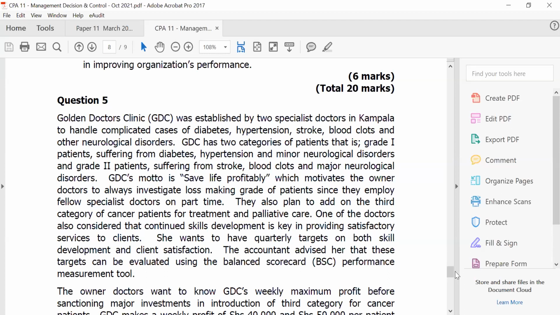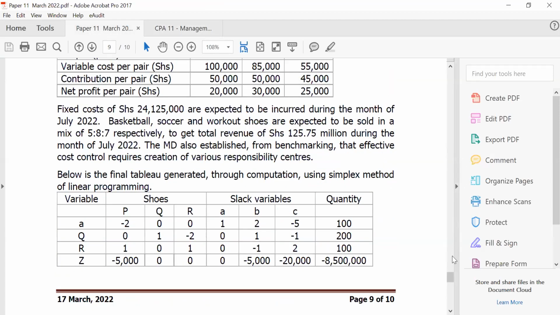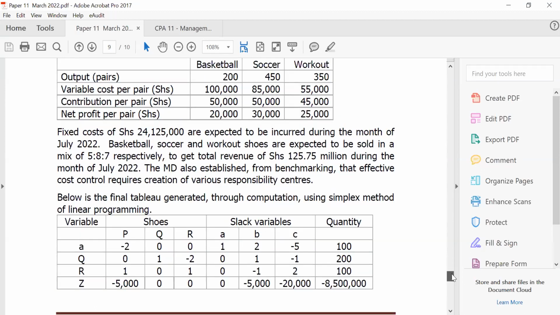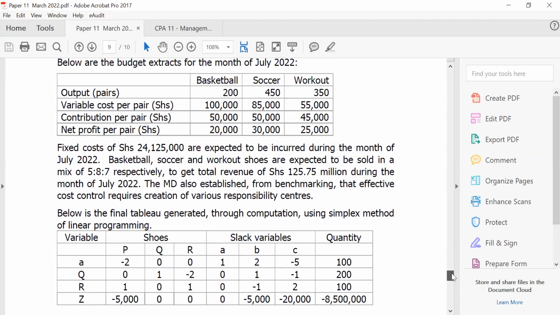You translate the information given into equations or functions, and then from those functions, you put them in a matrix format and find your optimal solution. Actually, in one of the past exams, they gave you the tableau, and they were asking you to interpret the tableau.